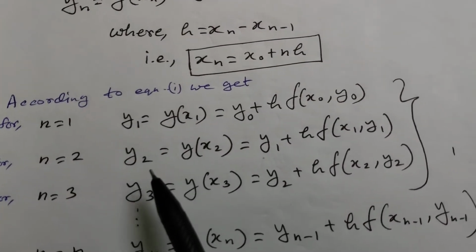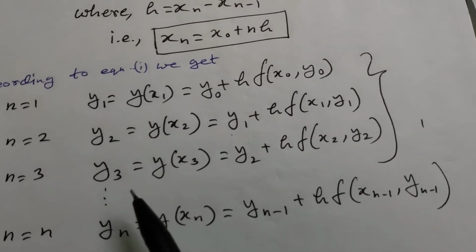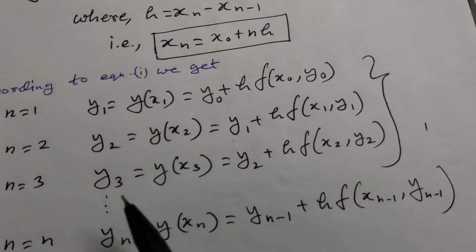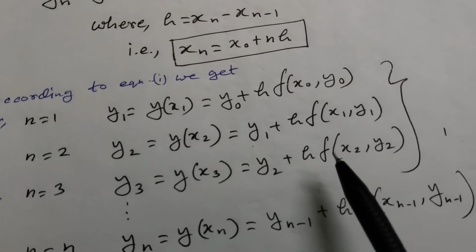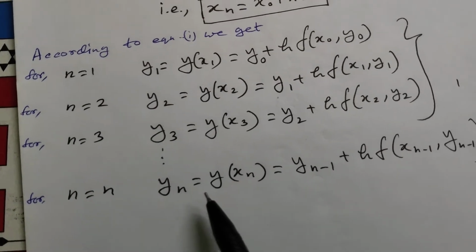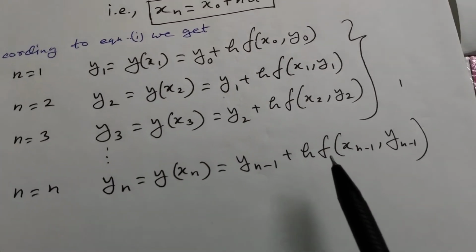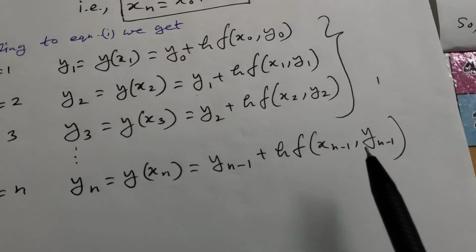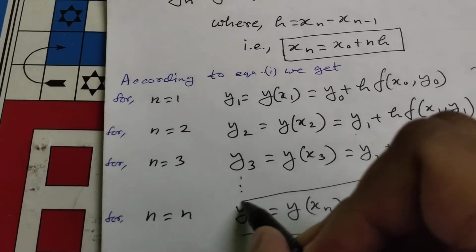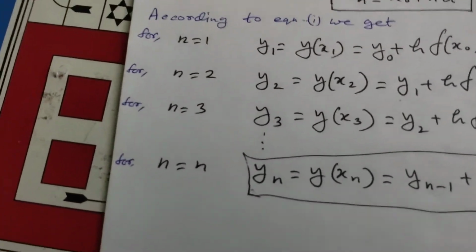Similarly, if n equals 2, y2 equals y(x2) equals y1 plus h f(x1, y1), and for n equals 3, y3 equals y(x3) equals y2 plus h f(x2, y2). In this way, for general n, yn equals y(xn) equals y(n-1) plus h f(x(n-1), y(n-1)), and this is the Euler formula, or we can say it is Euler's equation to solve the ordinary differential equation, right?